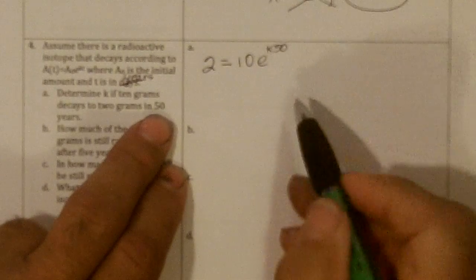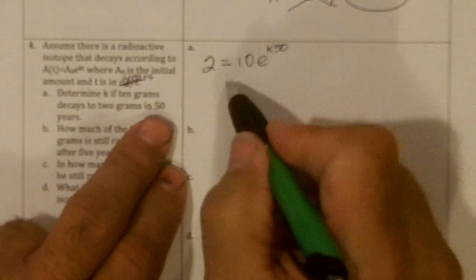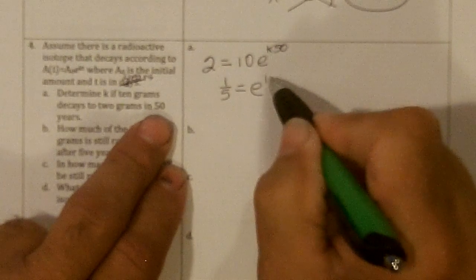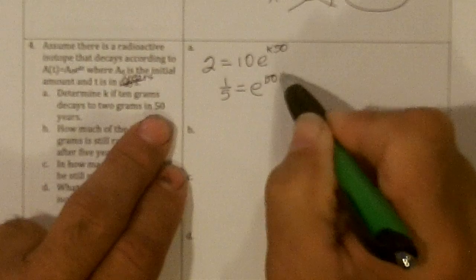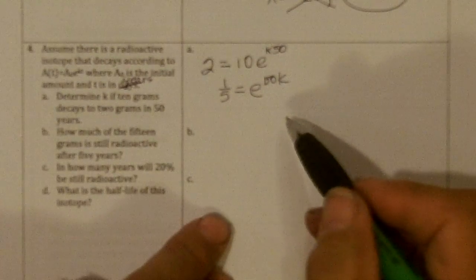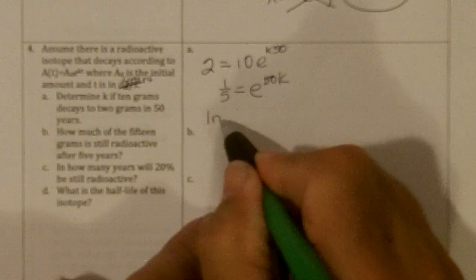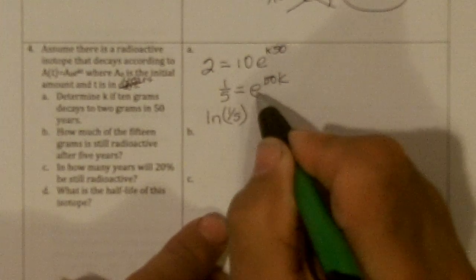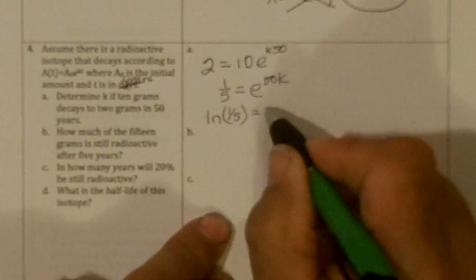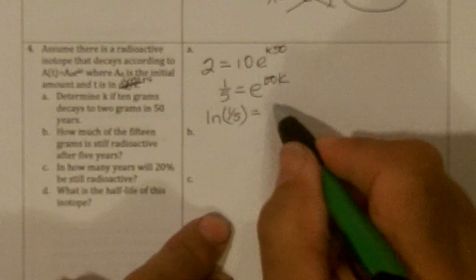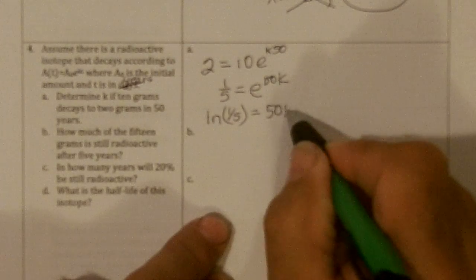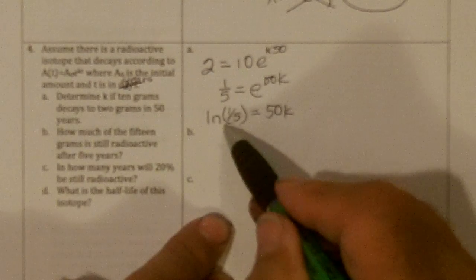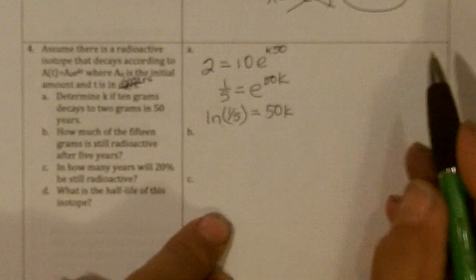To solve for the k, which is in the power, I'm going to divide by 10 and get 1/5 equals e to the 50k. Then write this as a log, so ln 1/5. I'm doing natural log because the base is e. To what power do I take e to get 1/5? e to the 50k equals 1/5.